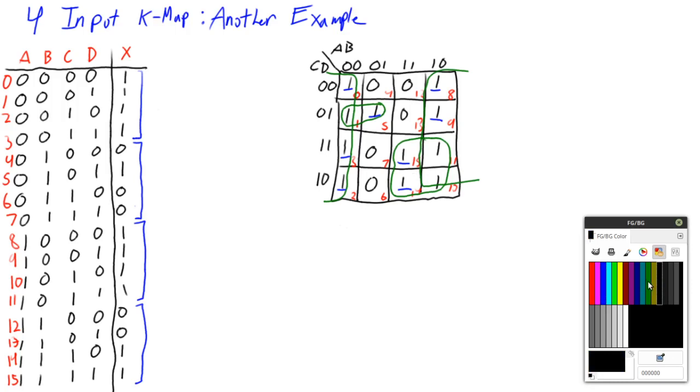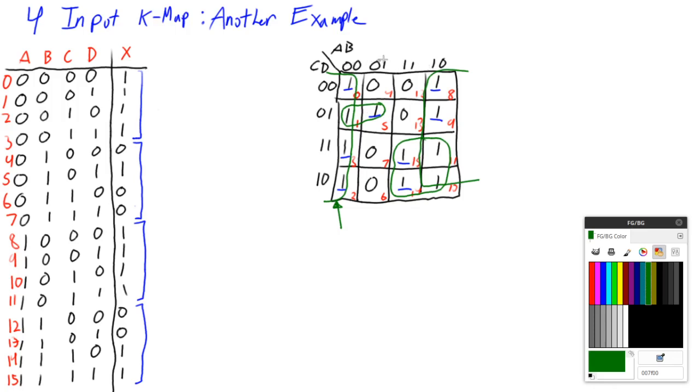Now let's write our function here. So we saw in our last example, the bigger the implicant, the fewer terms represent it mathematically. Its mathematical representation uses fewer terms. So let's look at this big group of 8 here. What's staying the same? Well, it looks like A changes.